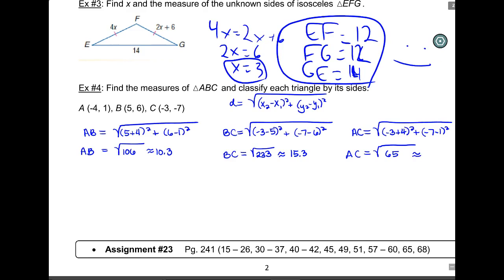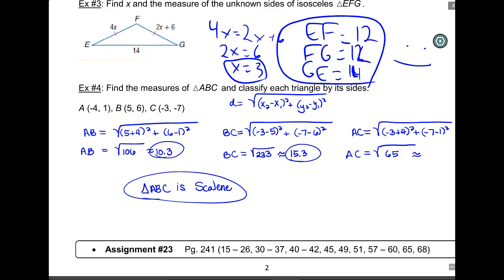That's not going to reduce, but if you wanted to change it to a decimal, clearly we can see this is scalene. So triangle ABC is scalene. So we found the measures. What is that, about 8 point... Is it 8.1? 8.06. There we go. All right.